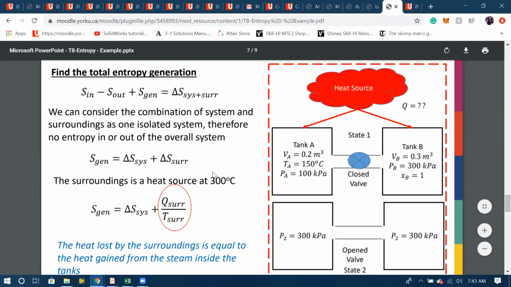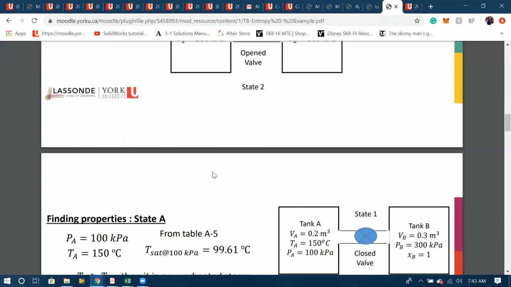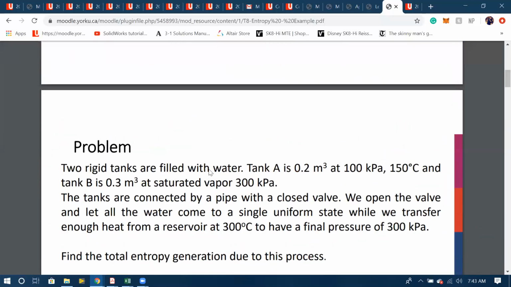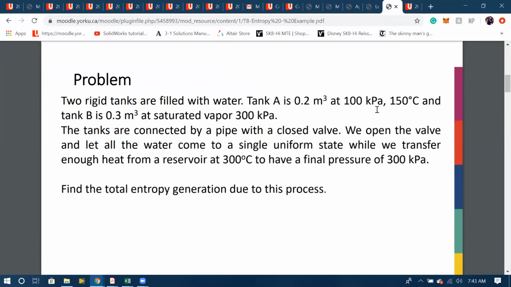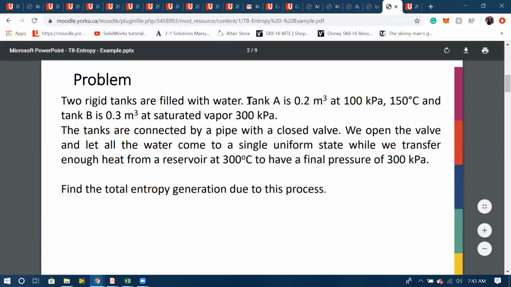Let's go up and try to understand the question itself, what it's saying. The question says that we have two rigid tanks, both are filled. Tank A has this stuff, tank B has this stuff.